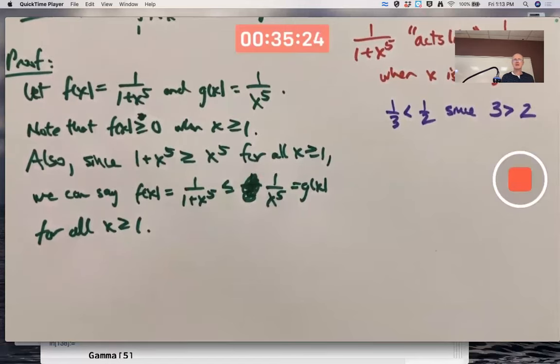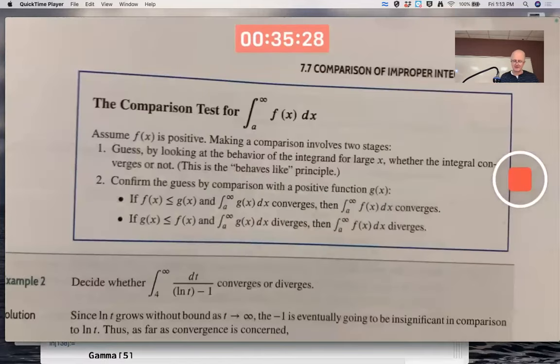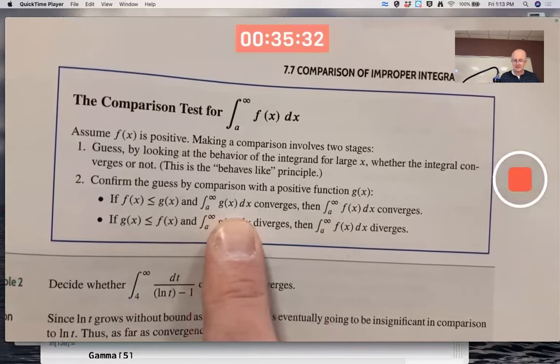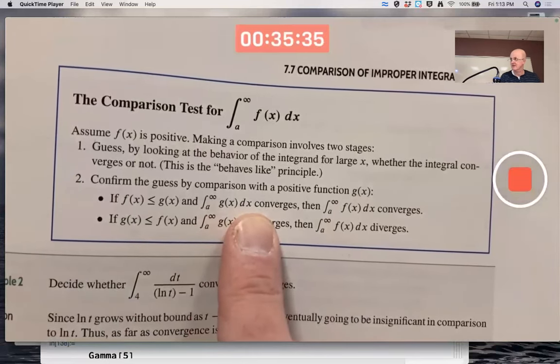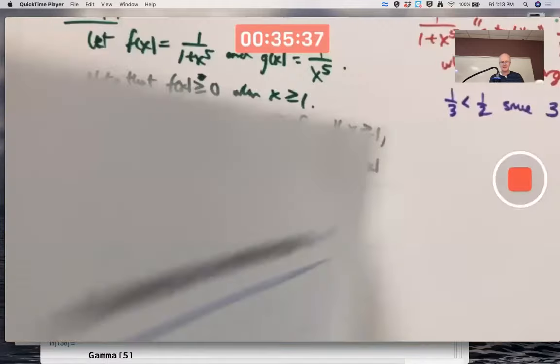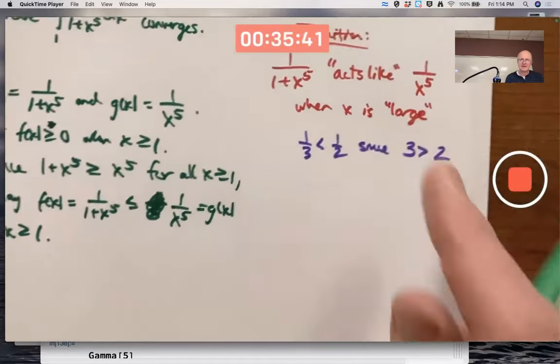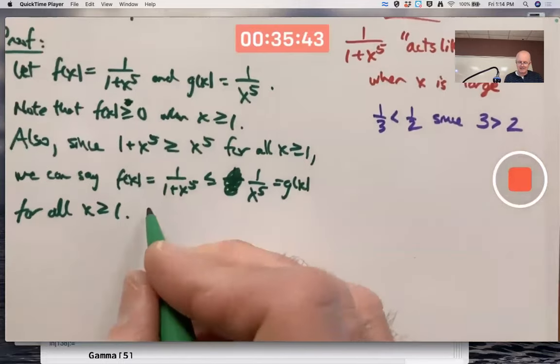You remember? Does the integral of 1 over x to the 5th converge or not? It is important to say the word integral. Does the integral converge or not? The integral of 1 over x to the 5th, does that converge? Yeah.